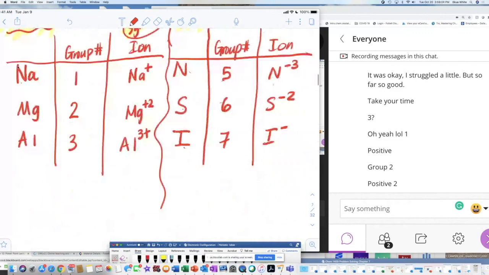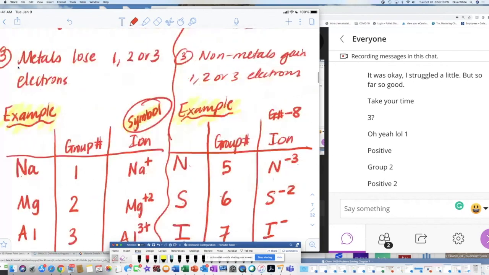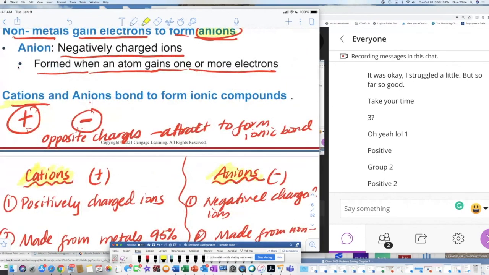So once these are formed, the cations can combine with anions to form ionic bonds. And this is called ionic bonds because ions were formed first before the bond was formed. Okay? Cations and anions bond to form ionic compounds. So it's important to pay attention to the details so you can understand what is being asked when you're working with a problem. Okay?